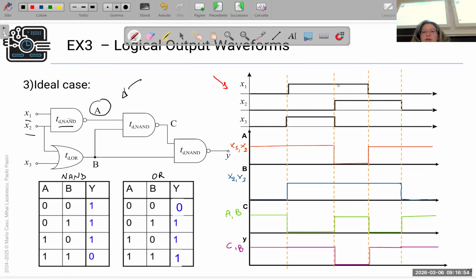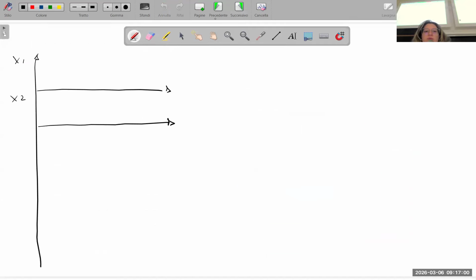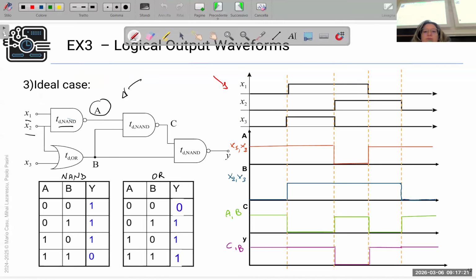We have x1 here, and then x2, which starts more or less from the half. It's something that goes like this. And x2 is something that goes like this. Right?